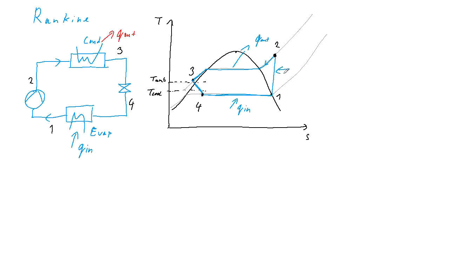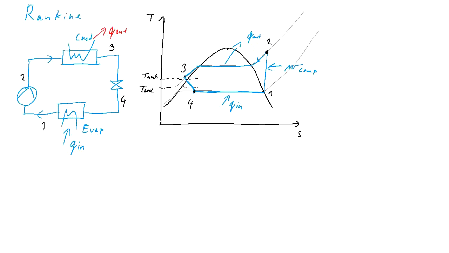We need to have the work input for the compressor, and in the throttling valve both heat transfer and the work is 0. So this was the cycle with ideal compressor and with no pressure losses.